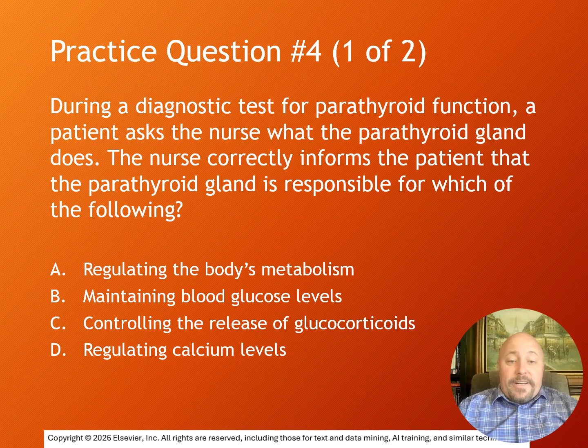Question 4. During a diagnostic test for parathyroid function, a patient asks the nurse what the parathyroid gland does. The nurse correctly informs the patient that the parathyroid gland is responsible for which of the following: A, regulating the body's metabolism, B, maintaining blood glucose levels, C, controlling the release of glucocorticoids, or D, regulating calcium levels.